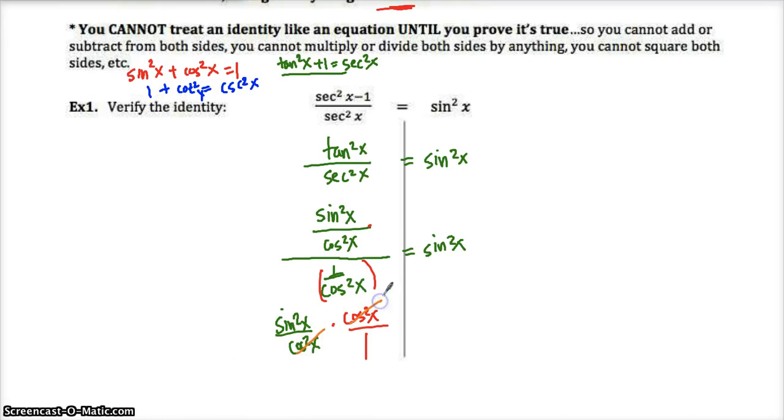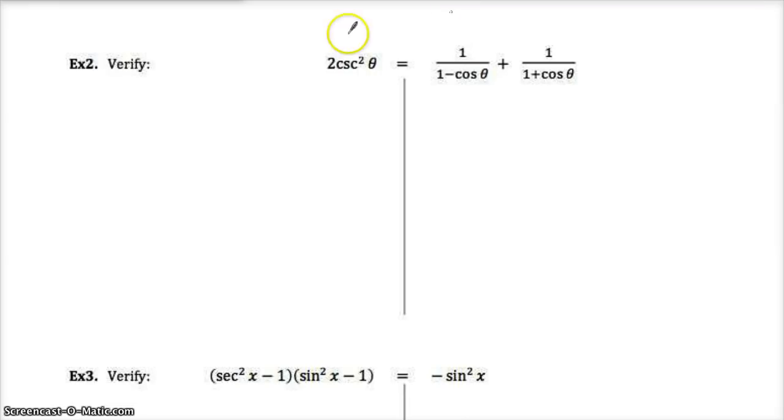My cosine squareds cancel. So my last and final step is to say, look, my cosine squareds canceled, so I get sine squared x equal to sine squared x. So yes, in fact, that is true. The left-hand side equals the right-hand side. Great. Let's move on.